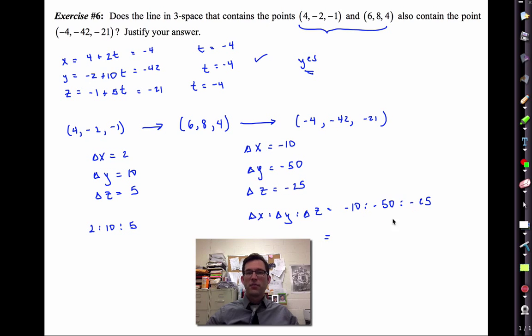But if I divide all that by -5, I'd have 2 to 10 to 5, and that's the same ratio. That's it. It's kind of cool. We can directly extend methods that we learned back in geometry, about whether points are collinear or not, to the three-space case.